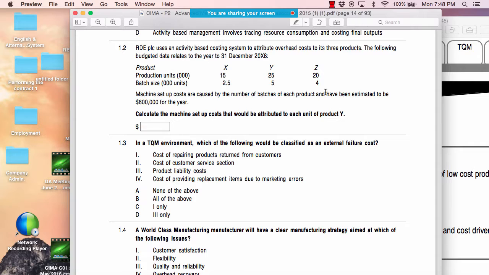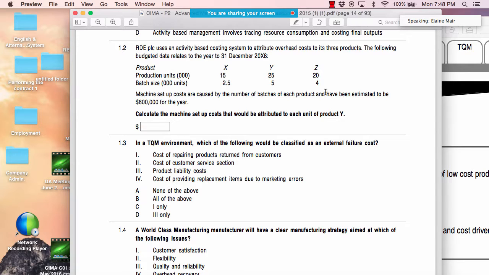I think I've done this wrong. I've gone too simplified. For the batch costs, I did the number of units, 60,000, divided by 600,000, which gave you 10. Right, okay. But I think that's too simplified.